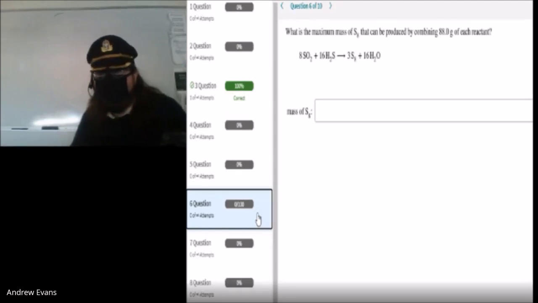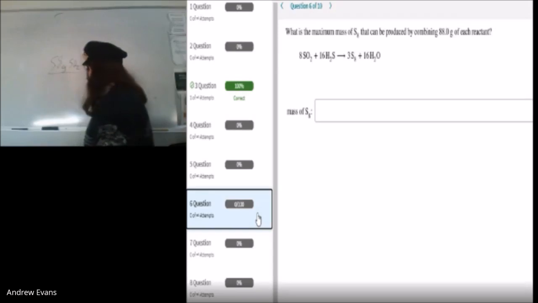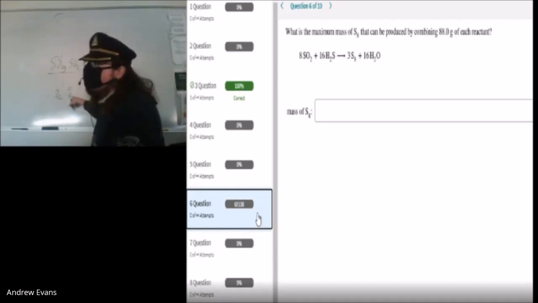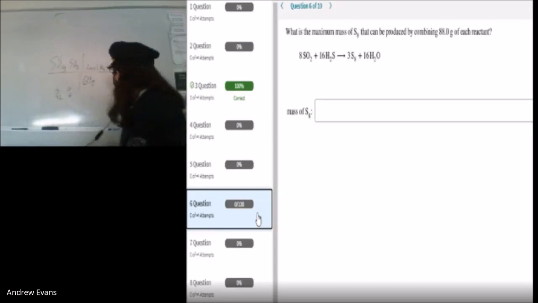So when I say 88 grams of SO2, the molar mass of SO2, S is 32, by the way, O is 16, so SO2 has a molar mass of 64 grams per 1 mole of SO2. In order to make this balanced, 8 moles of SO2 is needed to produce 3 moles of S8.